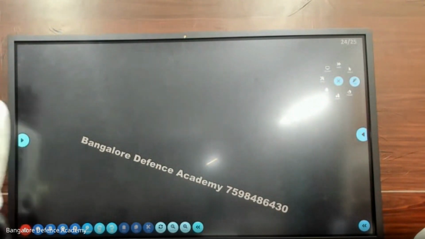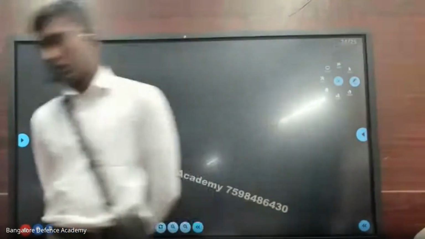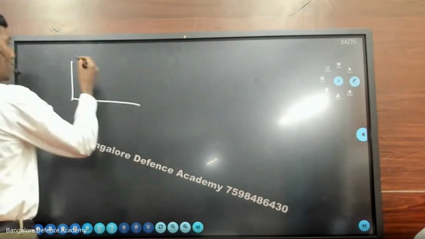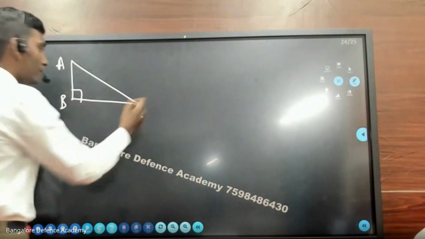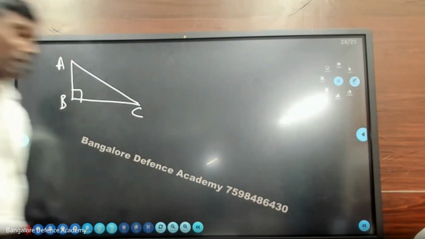Next, Susindran, tell me for cot theta. Adjacent by opposite. Prashant, tell me for secant theta. Hypotenuse by adjacent. And what is cosecant theta? And what is Pythagoras theorem? Hypotenuse square is equal to one side square plus other side square.